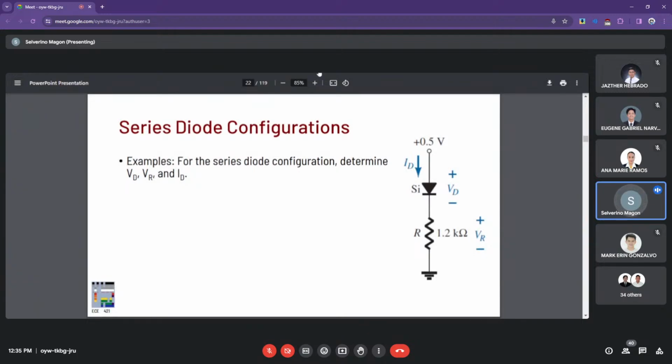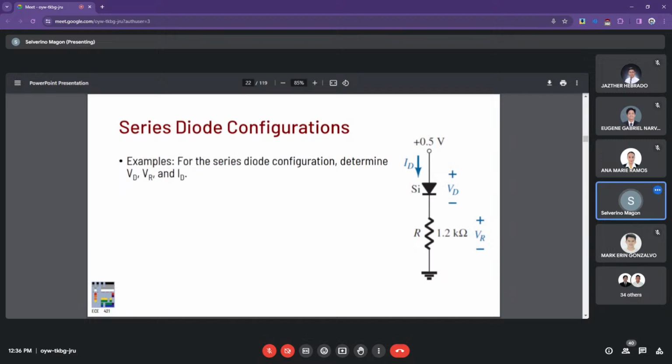Right. Similarly, in the series diode configuration, the level of voltage applied across the diode in this example is not sufficient to drive it into on condition.